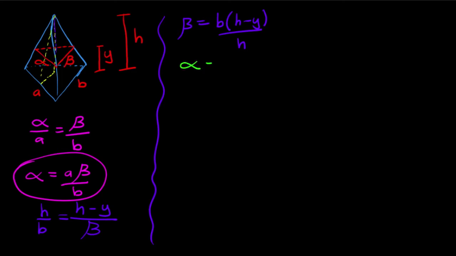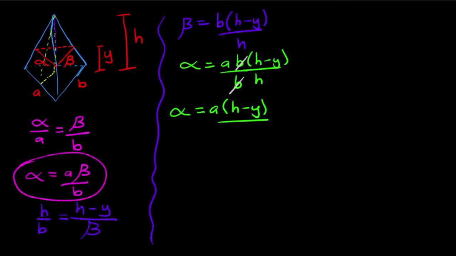And so then alpha is equal to a times beta over b, so this is a times b times h minus y over h, so this part right here is beta, and then over the b that's right there from alpha. So then notice that the b's cancel, and so then alpha is equal to a times h minus y over h.